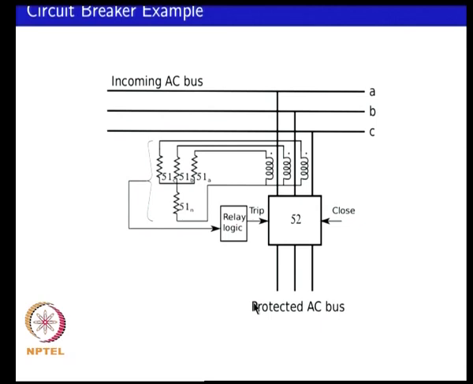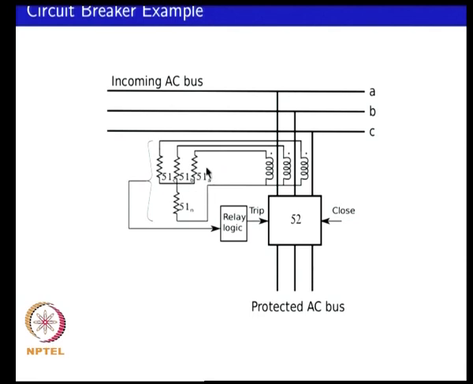So, for relays you would need to make a decision, which means that you need to sense what is happening. So, here you have 3 CTs sensing the current that is coming through the line, and then you are applying it to overcurrent relays. So, 51 is an overcurrent functionality.